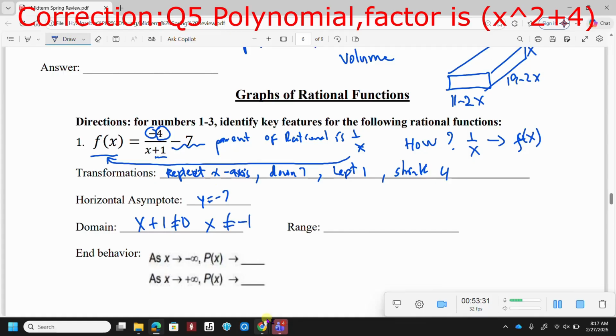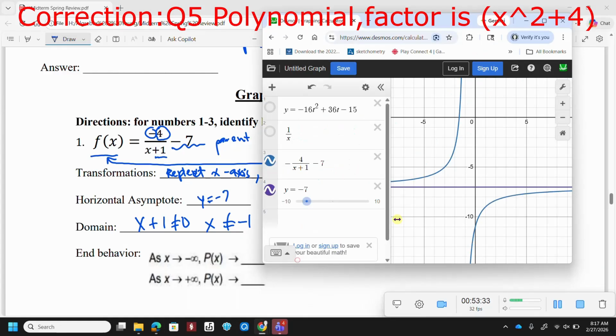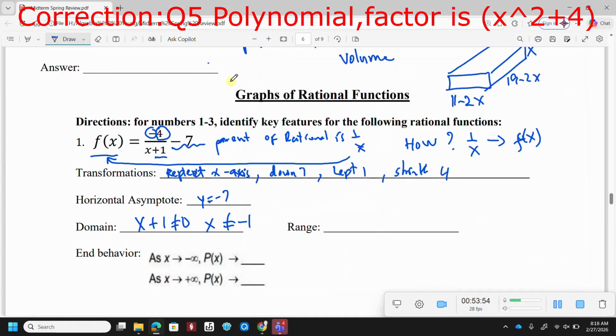Now the range. The range is the bottom to the top. So it's everything but -7. So you have to take that -7 away. There are different ways you can write it. You can start by writing all real except -7. That's how you want to spell it out.